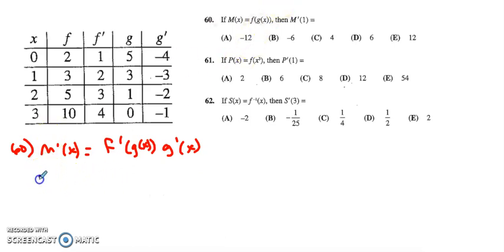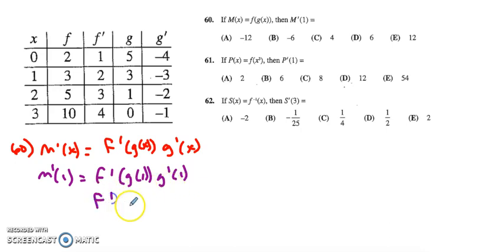Then I have m prime of 1, which is f prime of g of 1 times g prime of 1. Now, I need f prime of g of 1. g of 1 is 3, and then g prime of 1 is negative 3. So now I need to evaluate f prime of 3, which is 4, and 4 times negative 3 is negative 12, so my answer here is A.